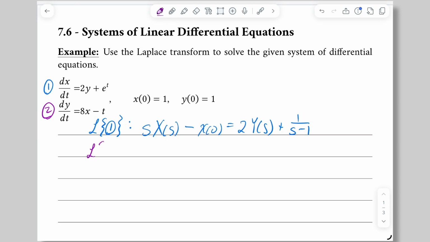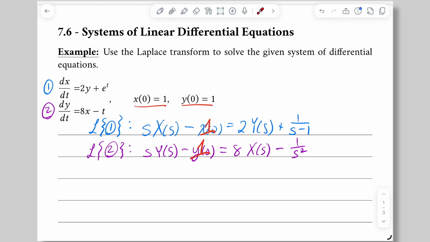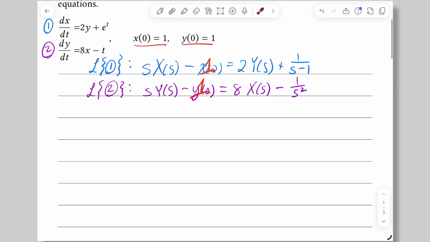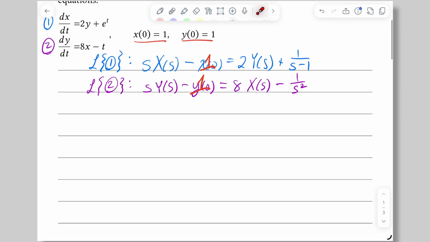Applying the Laplace transform to both sides of equation 2 results in sY(s) minus y(0) equals 8X(s) minus 1 over s squared. Substituting 1 in place of our x(0) and y(0) terms, we see that we have two equations that have uppercase X and uppercase Y in them.